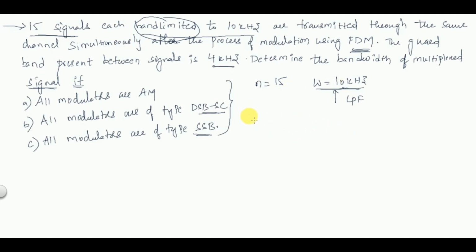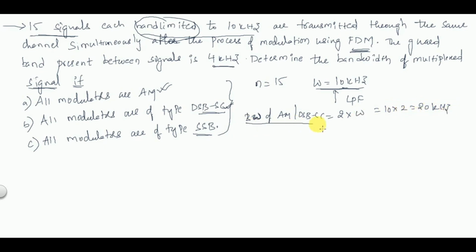So what is the bandwidth? In the case of AM and DSBSC we will get the same result. Even though the modulators are different, the result is the same, because the bandwidth of an AM or DSBSC signal is twice the message signal bandwidth. Twice the message signal bandwidth is 10 into 2, which is equal to 20 kilohertz.